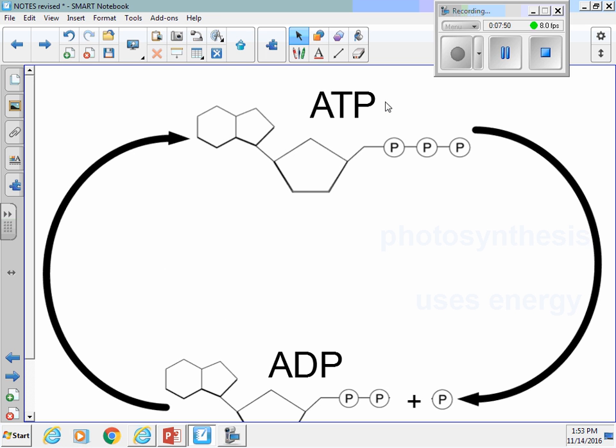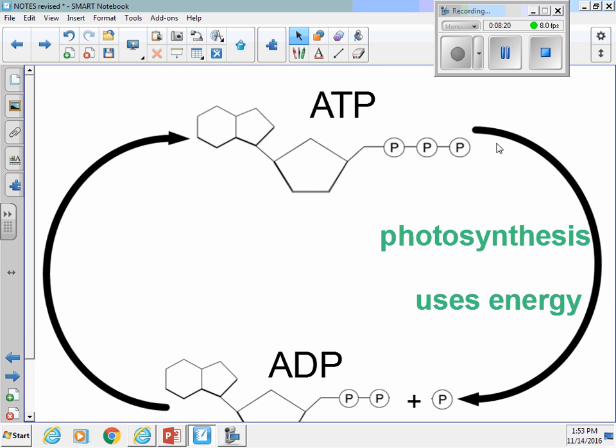So if we look at that cycle a little closer, we've got our ATP, you see our 3 phosphates, and we've got our ADP, our 2 phosphates, and eventually, right, we've got that 3rd phosphate that's going to break off. And you see that this is a continuous cycle. And what happens is during photosynthesis, okay, we are going to have this process happen, and it's going to use energy.